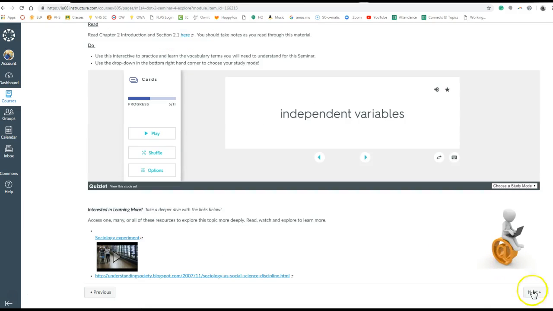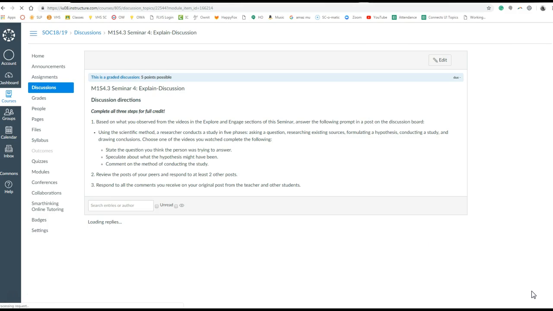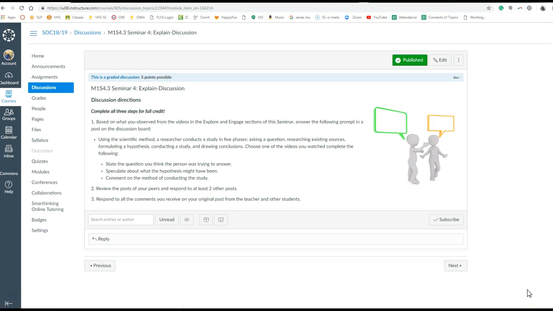Now, the next thing I want you to do is hop into the discussion board. And again, if you don't do the discussion boards the week that they're due, by Sunday night, they become zeros, and you're never able to go back and recover those points, all right? This is the only thing within this that has what we call a hard deadline, okay? The others have suggested deadlines, but the discussion boards must be done.